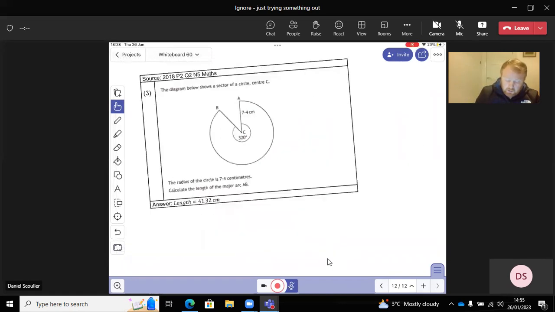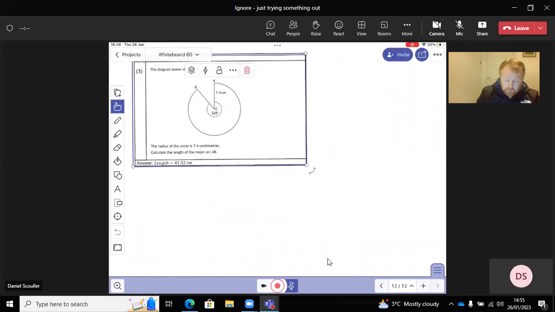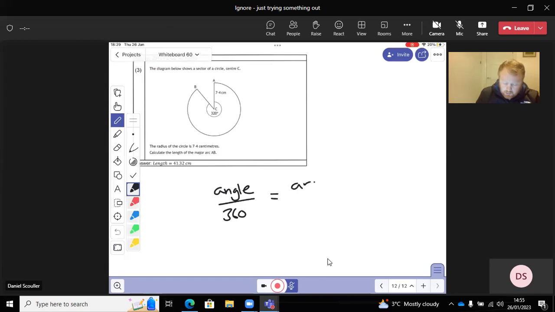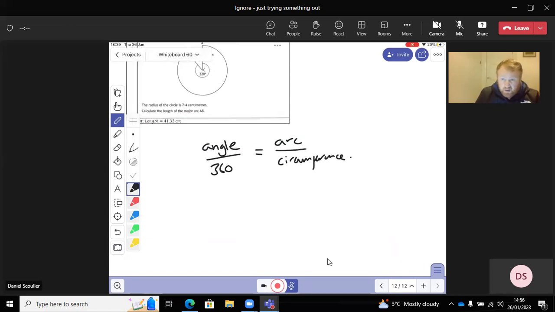So I'm going to write it out the way I prefer. Angle over 360, so that's the given angle, equals arc over the circumference. Now in the exam you probably wouldn't want to write that out fully.